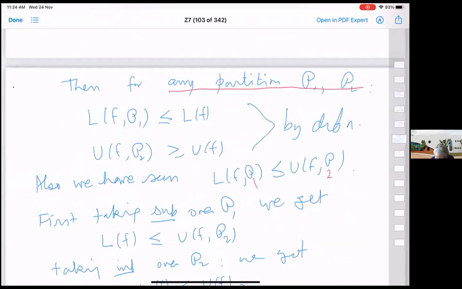So we first have that LFP1 is less than or equal to LF for any partition P1, and LF is indeed the supremum over these. UF is the infimum over P2s. Okay. We had already seen that LFP1 is less than or equal to UFP2. So you take the supremum over P1 first, and then take the infimum over P2. You will get LF less than or equal to UF.